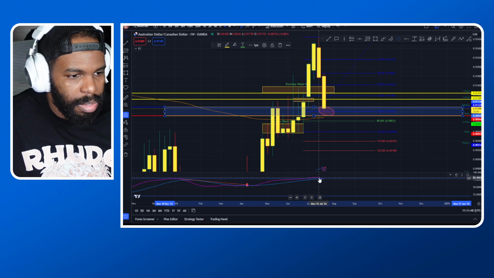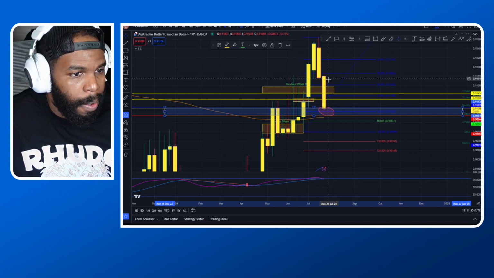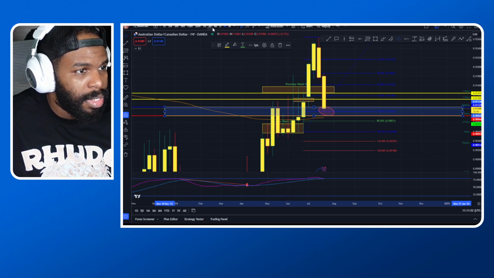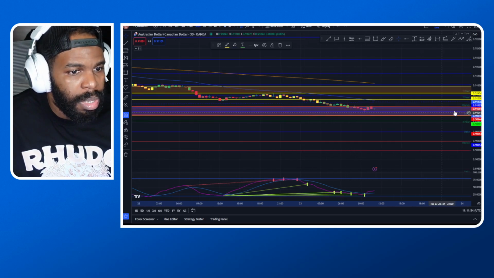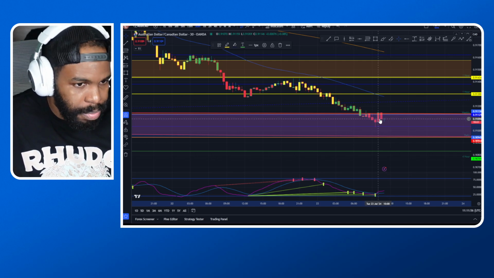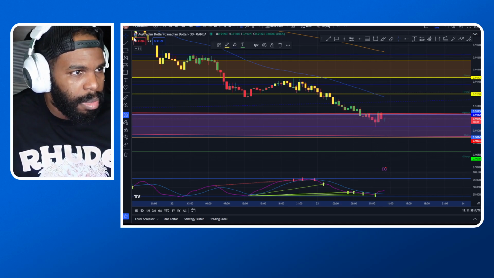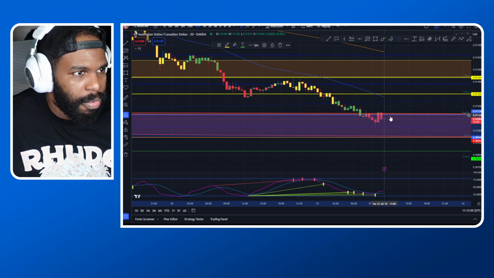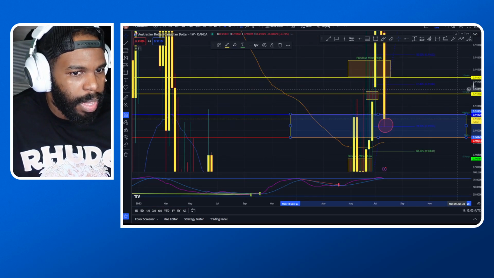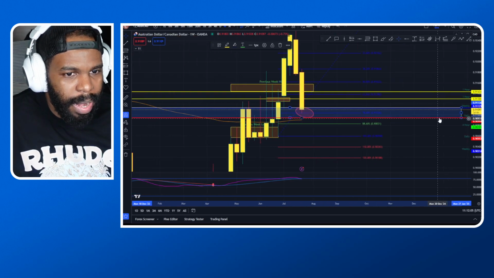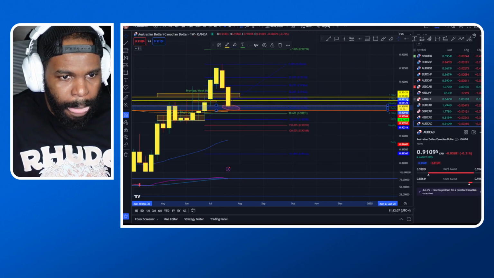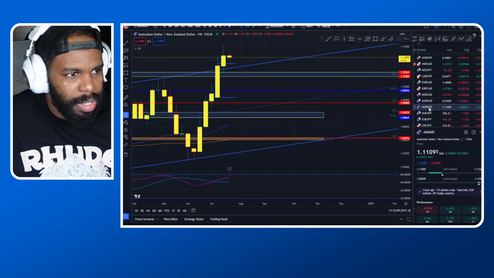The MACD here is overbought, so it could come down. But if I see a shift of structure, rejection off of this area of interest, then I might take a little buy and then see if we can catch that move on the weekly on AUD CAD. So yeah, pay attention to AUD CAD. I'll keep you guys updated on that. AUD NZD.